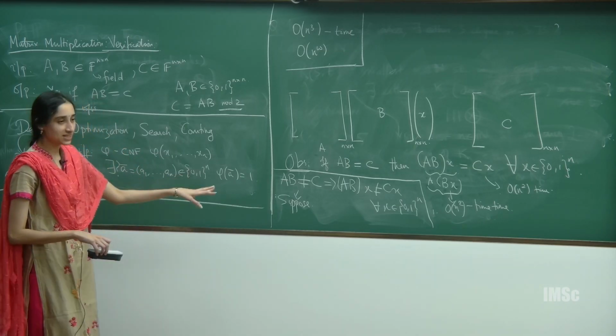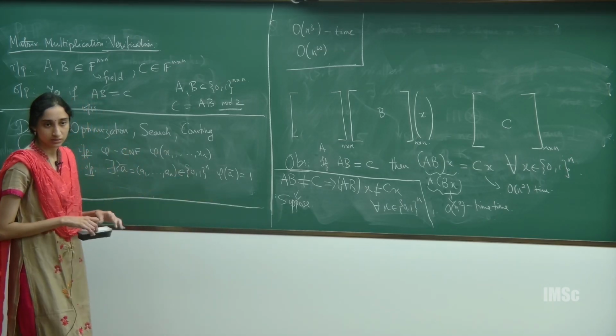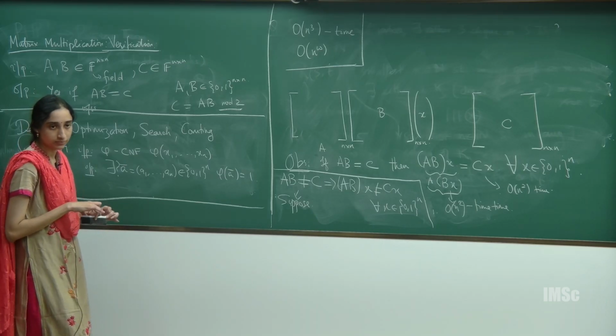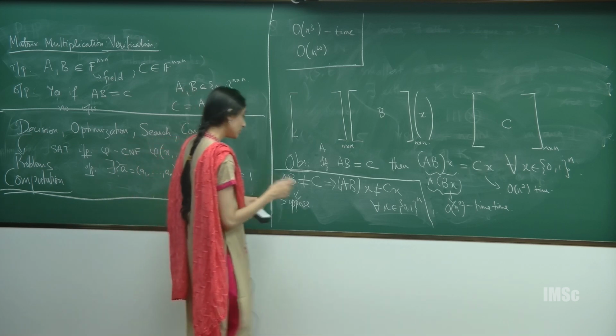Then you can pick an X in {0,1}^n, multiply and check, and this algorithm takes only order n square time. But the problem is this is not true.